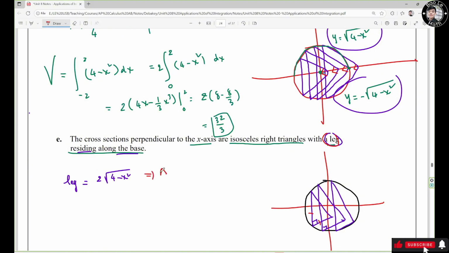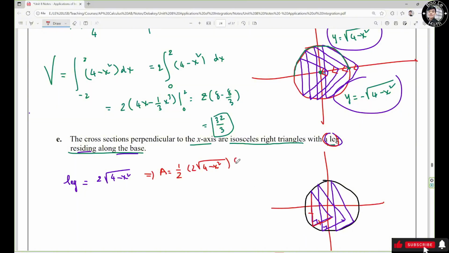So the area is base times height divided by 2, so 1/2. The base is 2 times square root of 4 minus s squared, and the height is going to be the same thing. This one is the base, and the height is right here, because this one is an isosceles right triangle.